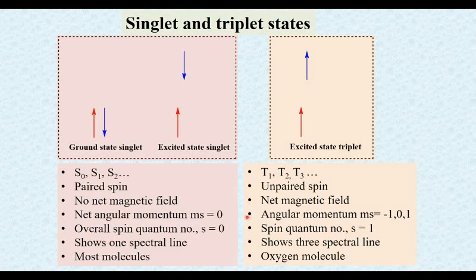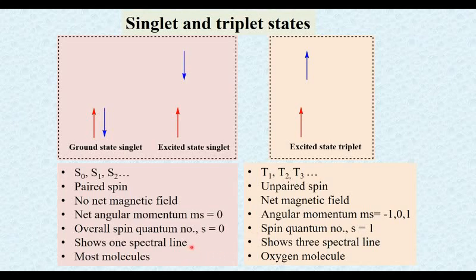Here there is a net angular momentum. In singlet state, the overall spin quantum number is 0, with values plus half and minus half. And in the excited triplet state, the spin quantum number has the value 1.